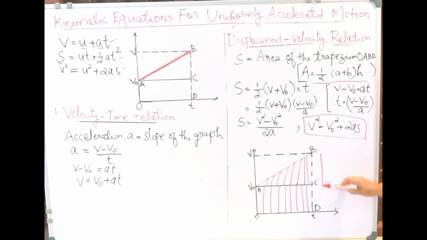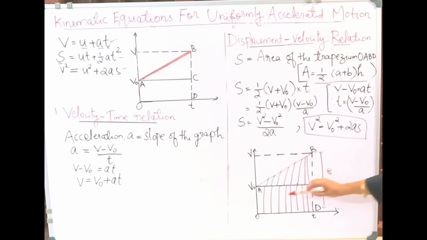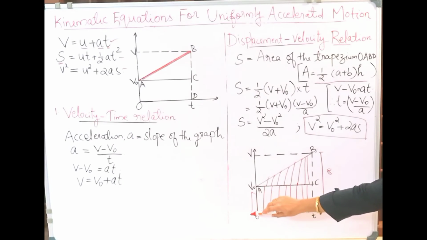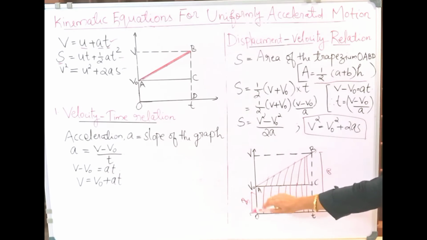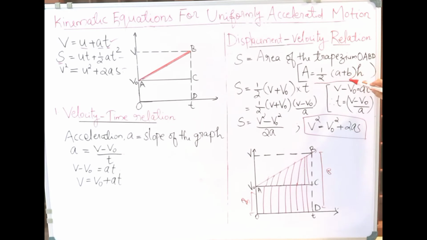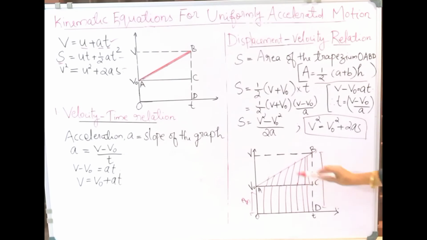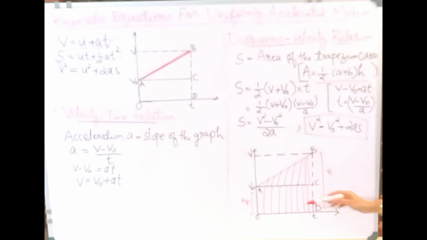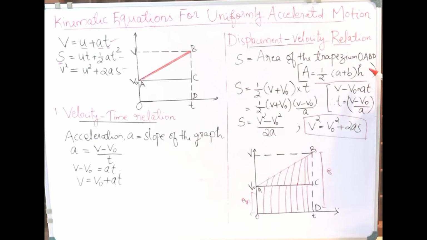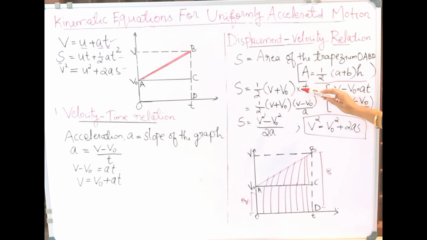This distance can be taken as a, and the other side, this distance, can be taken as b. Now that is a plus b, these two sides, then the other side, that means OD, that is time, can be taken as h. So now can we find the equation, that is displacement is equal to area of trapezium, that is half into (a plus b) into h, right?